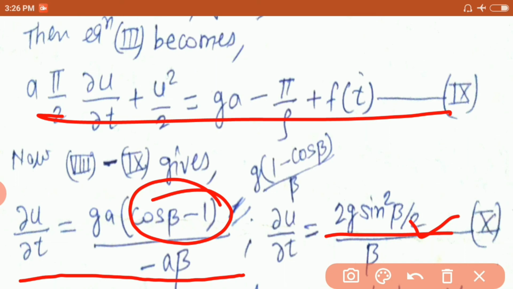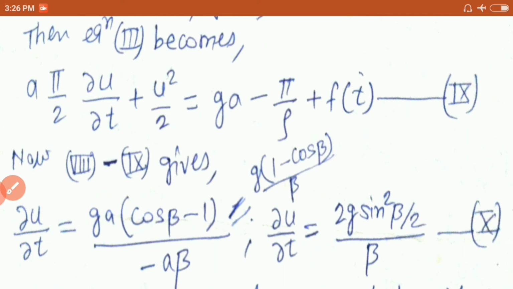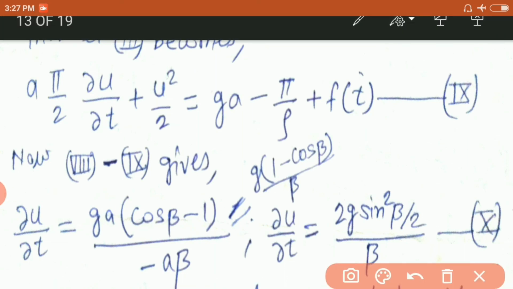As the liquid moves down the tube, at a given instant the velocity is the same throughout the liquid, and therefore at time t is equal to 0, the upper face level is at a, that is theta is equal to 0.